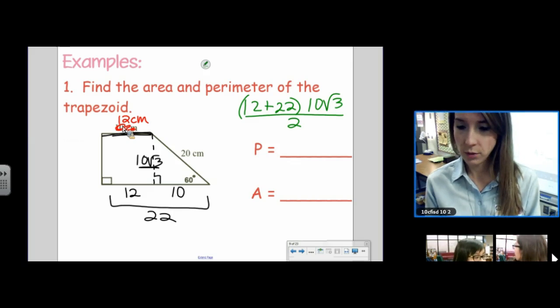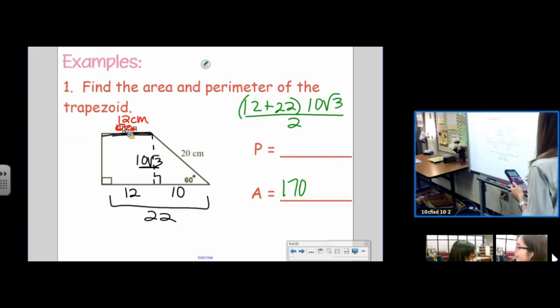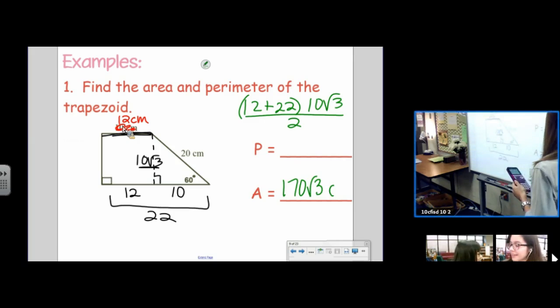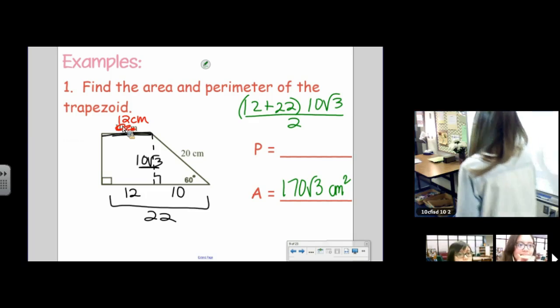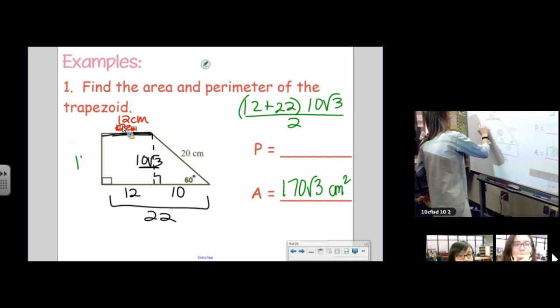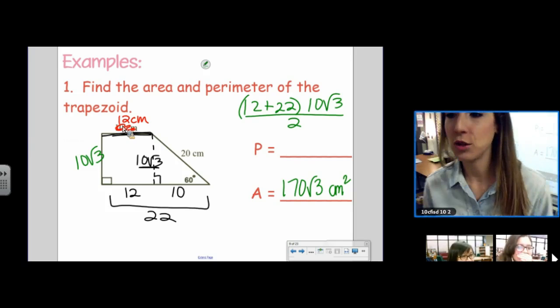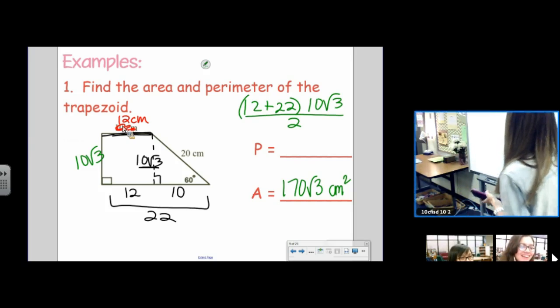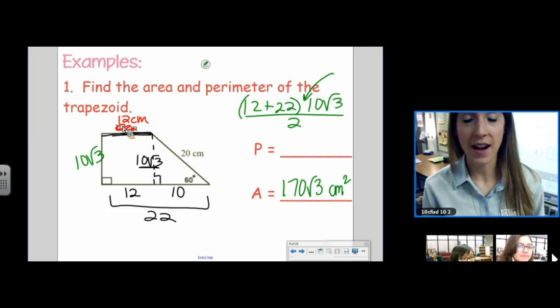12 plus 22 times 10 divided by 2. So, do you agree? 170 root 3 centimeters squared. And then, of course, the perimeter. We do need to be a little bit careful on the perimeter because although you're allowed to multiply a radical by an integer, you're not allowed to add a radical and an integer.